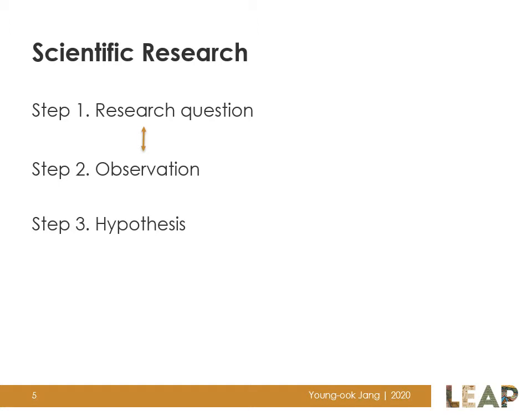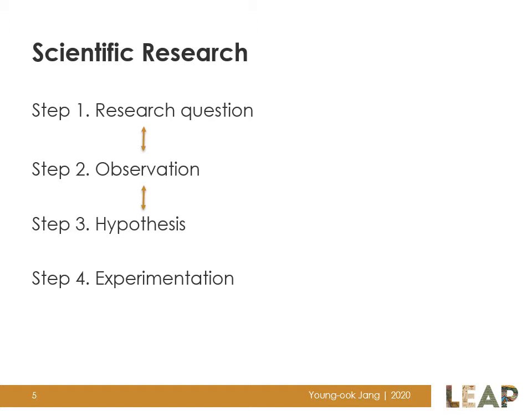Of course, this hypothesis is interactive with the observation and the research question. And the fourth step: if you have the hypothesis, then you can do experimentation to prove if the hypothesis holds or not, right?